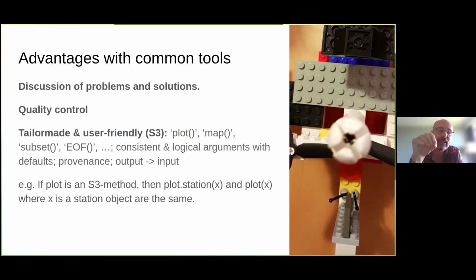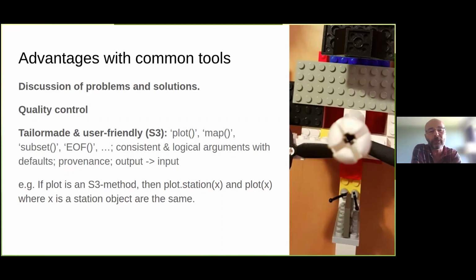It uses a concept called S3 in R. That means that we have very many different data objects. So you have a time series, or gridded data, or a map, or a trajectory, or an EOF. But all of these will work with the same functions.